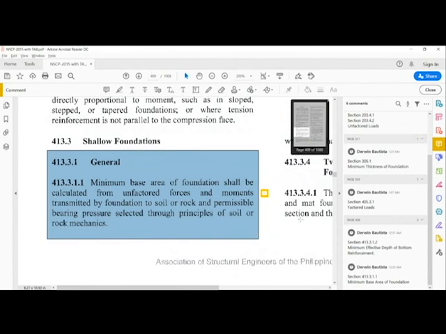Going back again to the lecture notes that we have, we have what we call the effective bearing capacity. So what are we going to do?